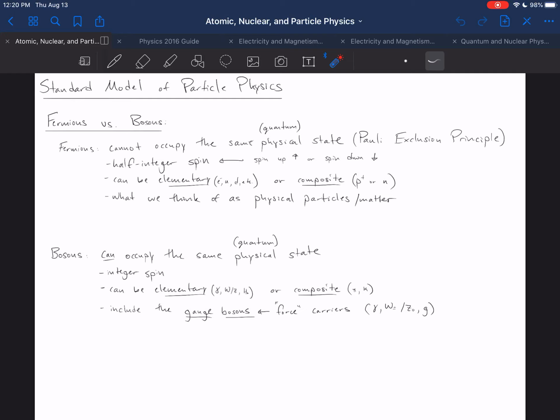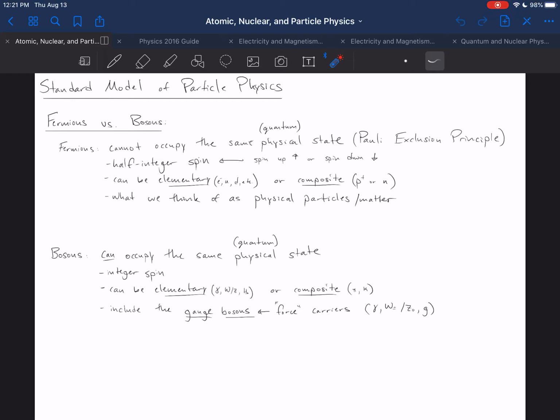Think about the way we think of electromagnetic waves as superimposing on one another rather than colliding. This is the fundamental idea. And the photon, as a particle, considered as an elementary particle, has integer spin rather than half-integer spin. This is the fundamental property that makes it a boson.